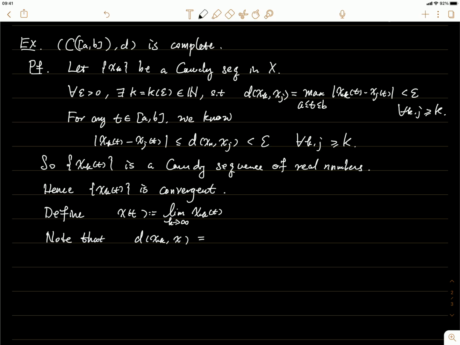This is supposed to be the maximum of |xk(t) minus x(t)|.